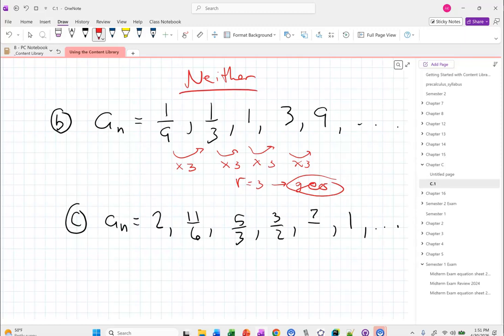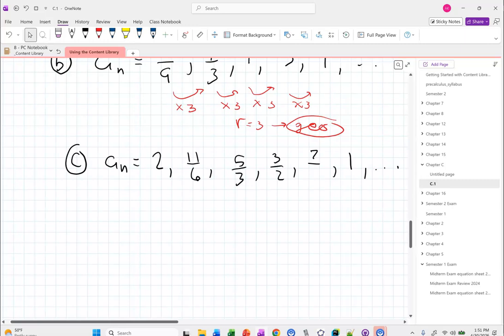How about this one? What about C? Oops, I'm missing a denominator there. It's a little bit harder here, right? You know what's going to make this easier? A common denominator. What would the common denominator be between all of these things? 6.